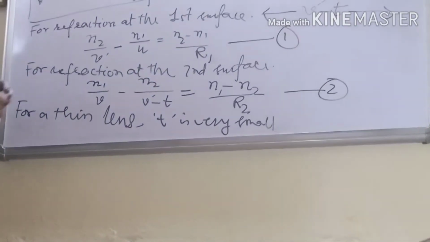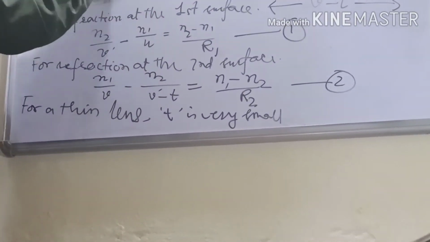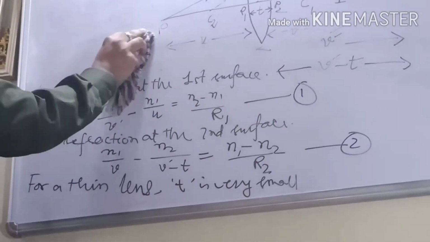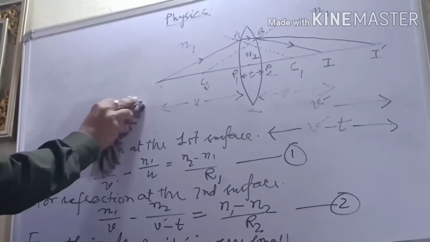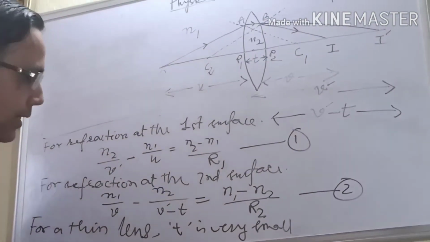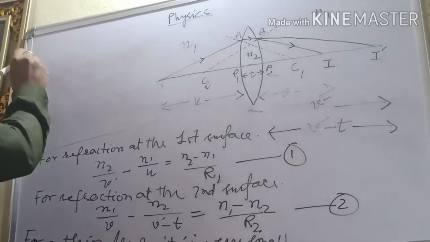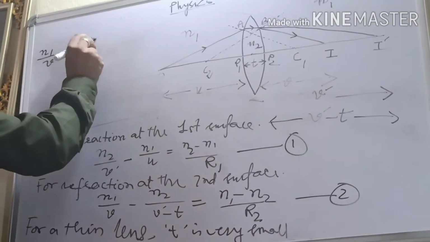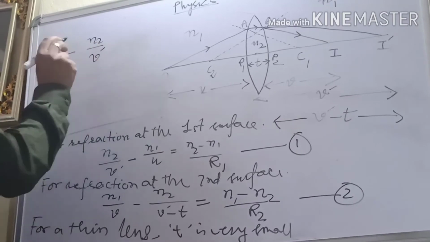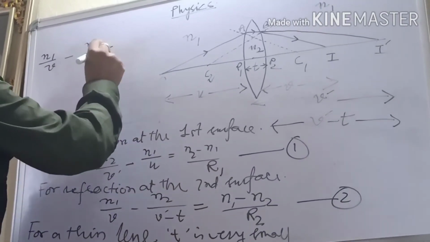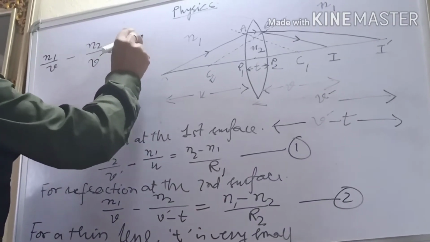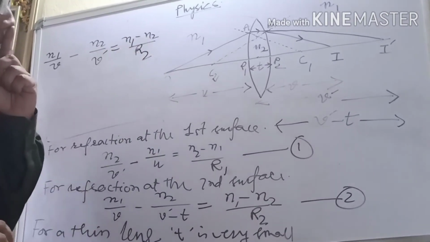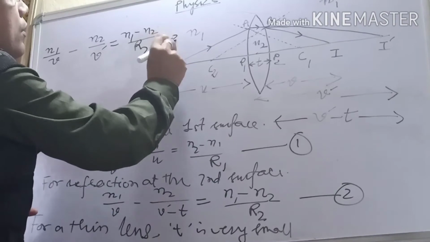So I'll be writing the next line. Okay. So you can say that N1 upon V minus N2 upon V dash is equal to N1 minus N2 upon R2. We can make it equation number 3.